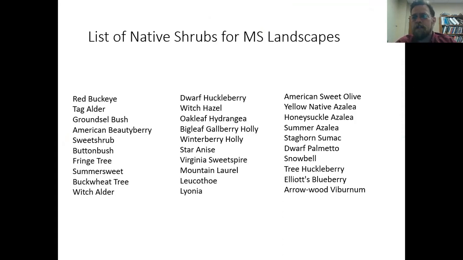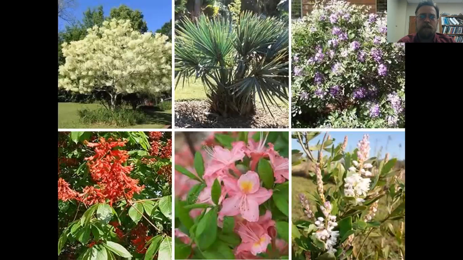American beautyberry is another personal favorite. Really nice growing habit, tolerates shade and tolerates being in kind of wet conditions pretty well. Puts on really pretty berries in the fall, and all of these are just fantastic plants for our landscapes.